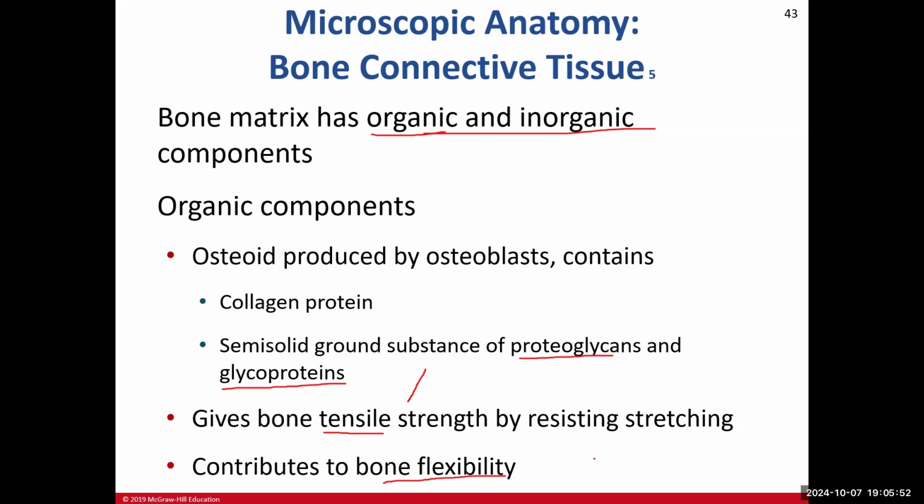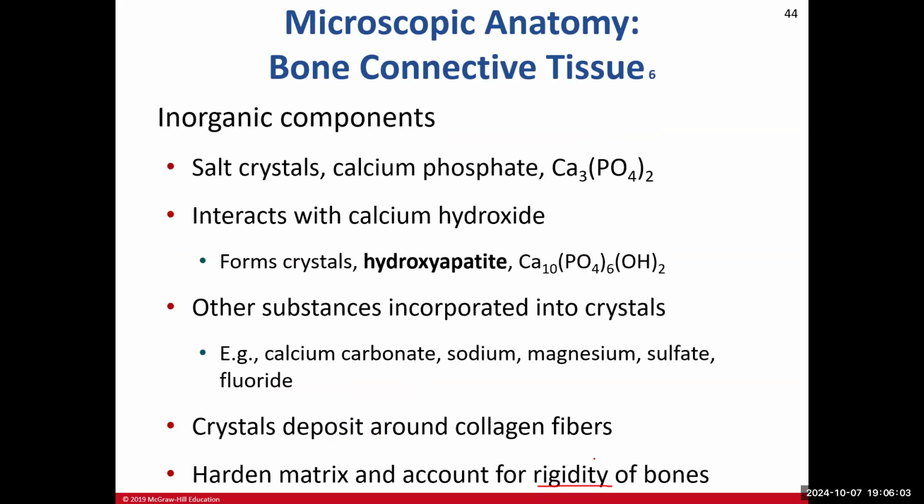So if you're not making enough osteoid, you will lose the flexibility that your bones could have, and your bones would be more brittle or stiff. If you get a disease that affects the inorganic component to your bone, then you're not able to harden the osteoid, right?